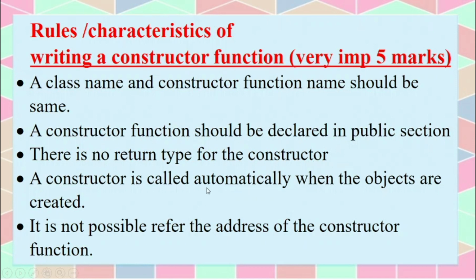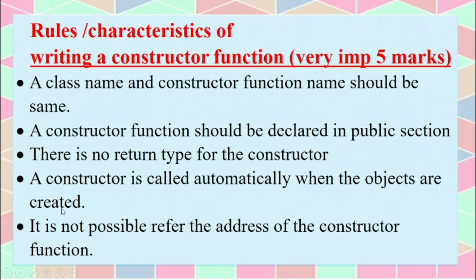Then a constructor is called automatically when the objects are created. Usually all member functions are executed using the object, like object.getData, object.display, that is s.getData, s.display. Using the object we call the member function for execution. But a constructor function is automatically executed when the objects are created.